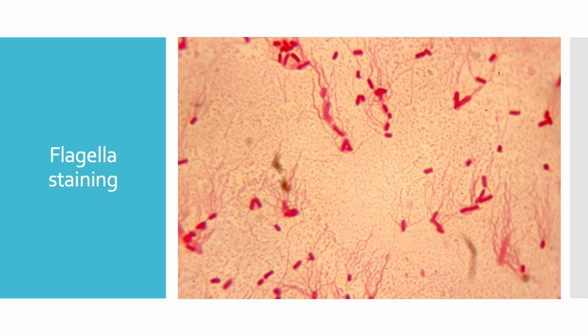And when you apply alcohol, or usually a 5% solution of sulfuric acid, just to make sure, because it is more aggressive, it will wash out all the carbolfuchsin from all the non-acid-resistant bacteria, and only acid-resistant bacteria will stay red.